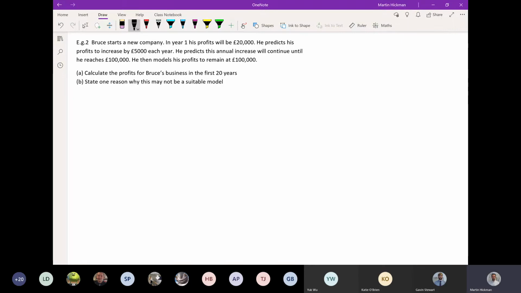So what we want to do first is calculate the profits of Bruce's business in the first 20 years. So this is going to be the total profit. What we want to do is work out how many years to get to 100,000.